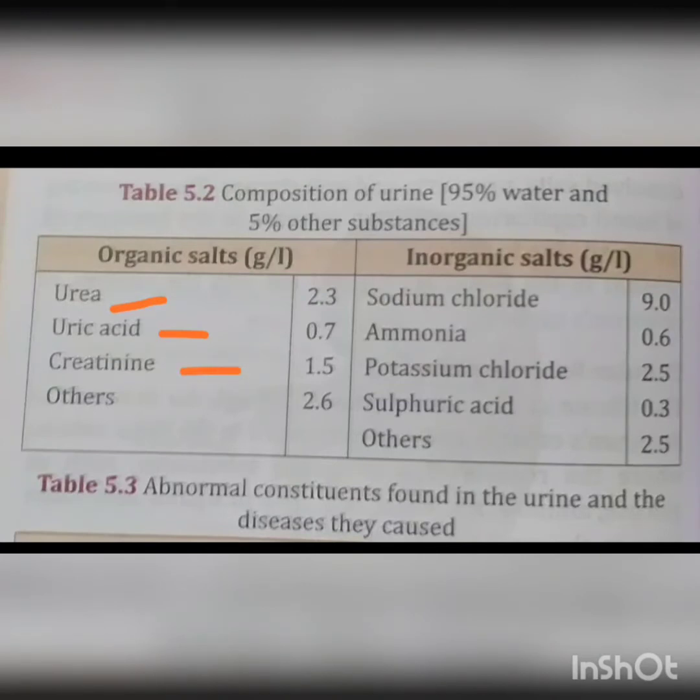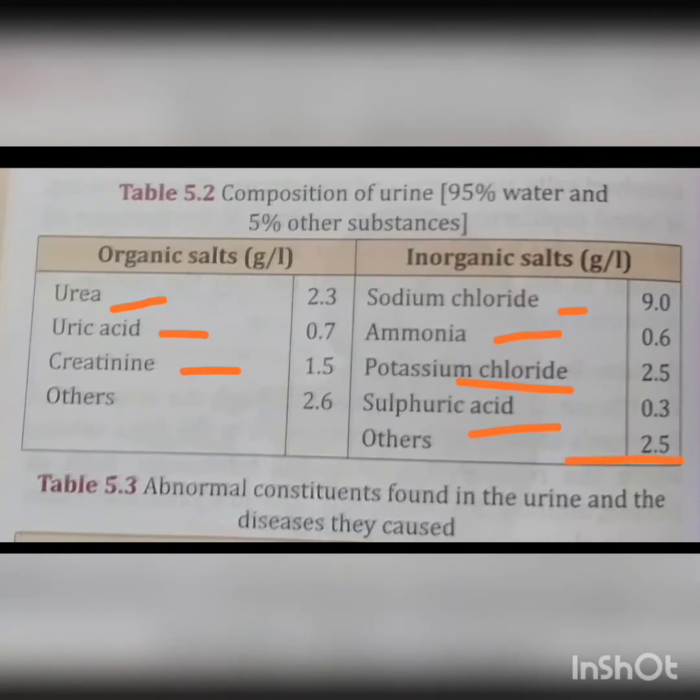The inorganic constituents of urine are sodium chloride 9 gram per liter, potassium chloride 2.5 gram per liter, sulfuric acid 0.3 gram per liter, ammonia 0.6 gram per liter, and other things 2.5 gram per liter.